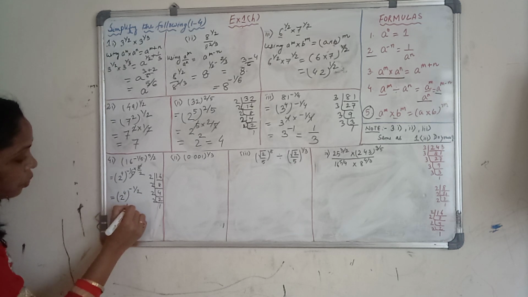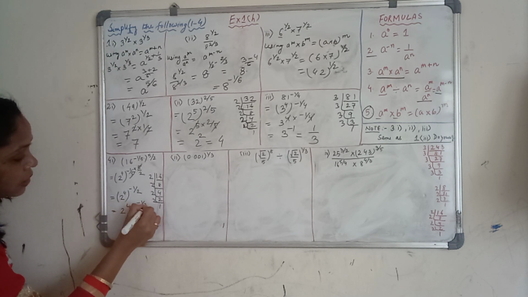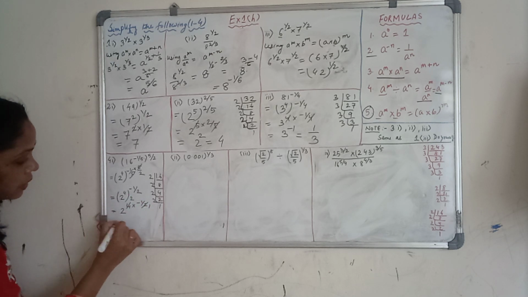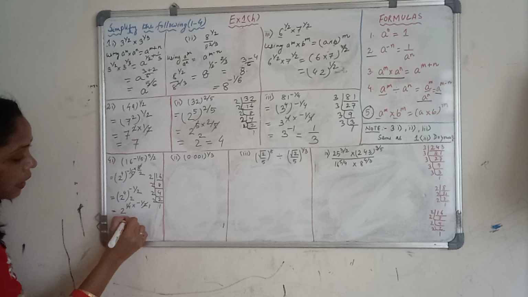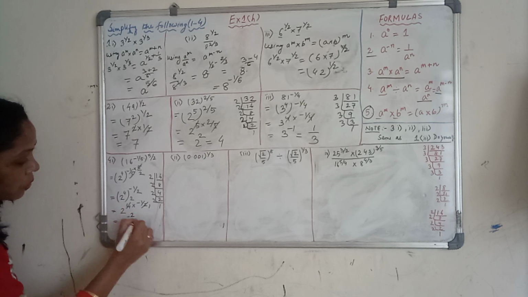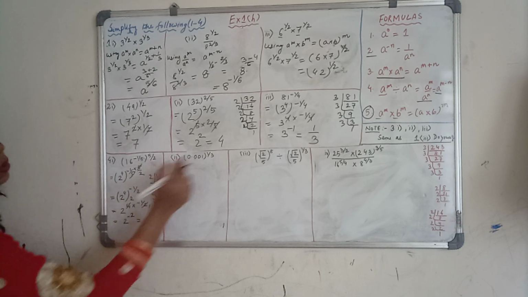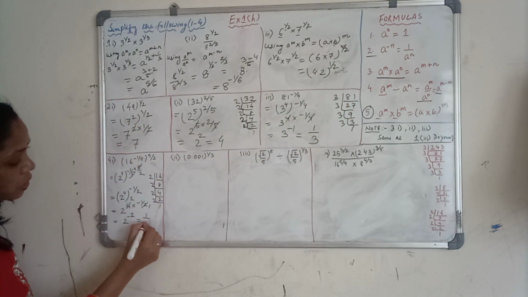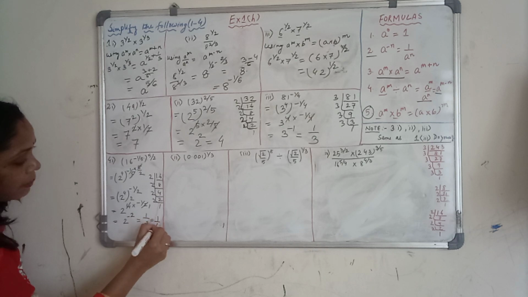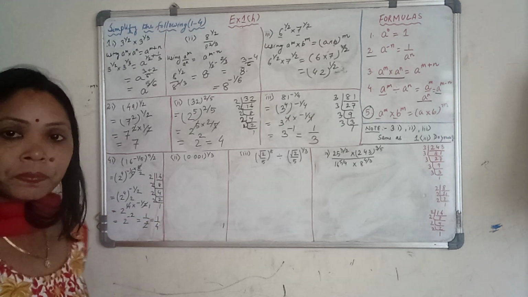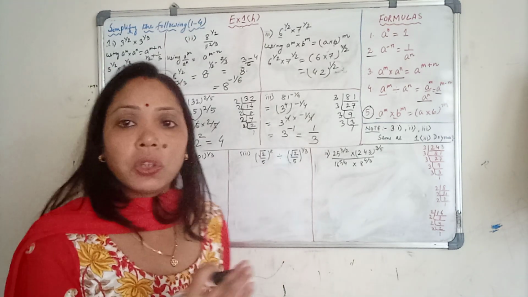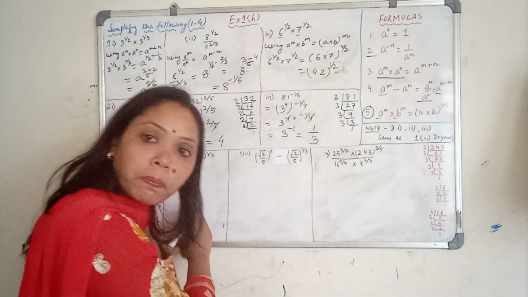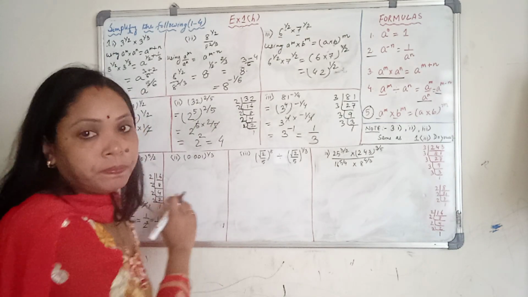So 2 power 4 into minus 1 by 2. Cancel it. 2 ones are 2, 2 twos are 4. So this is 2. 2 into minus 1 will be minus 2. Now again use 2 power minus 2. This is formula number 2. So 1 by 2 square, which is equal to 1 by 4. So very easy. Just you have to find out which formula you have to use to simplify the question.